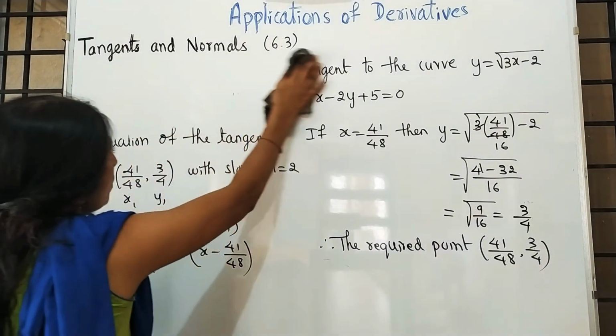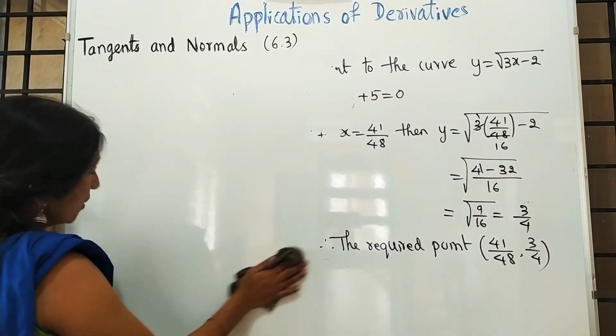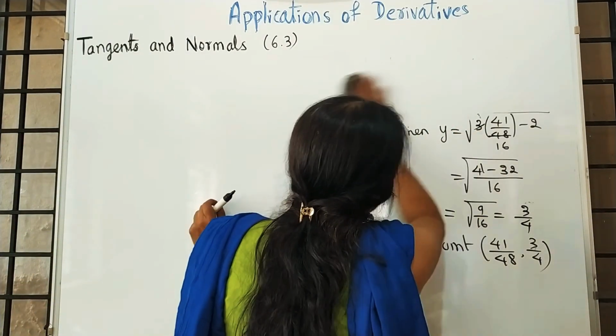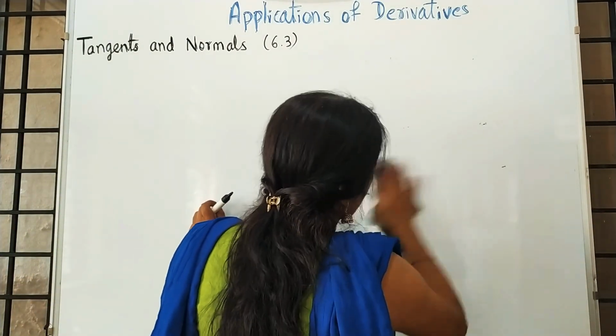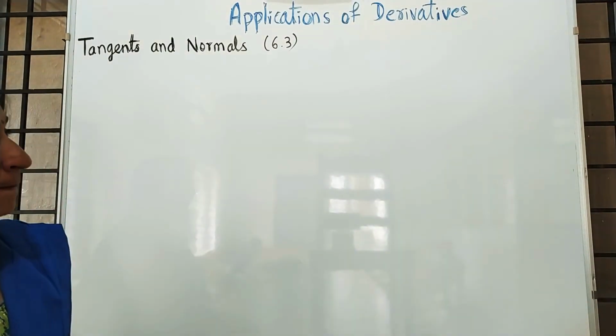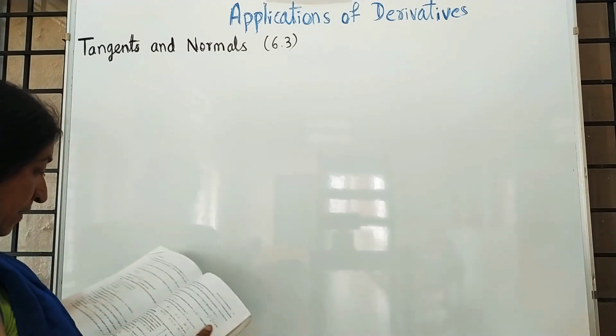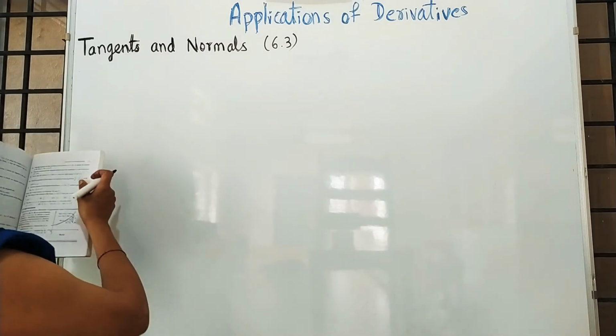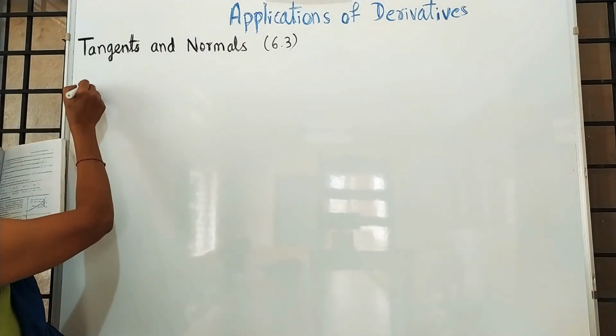Now I am moving to the multiple choice questions. There are 2 multiple choice questions in this exercise. Choose the correct answer. Question number 26.